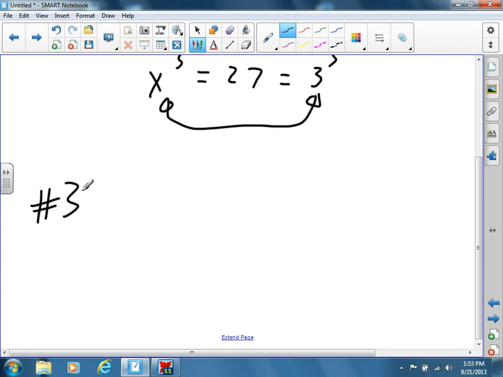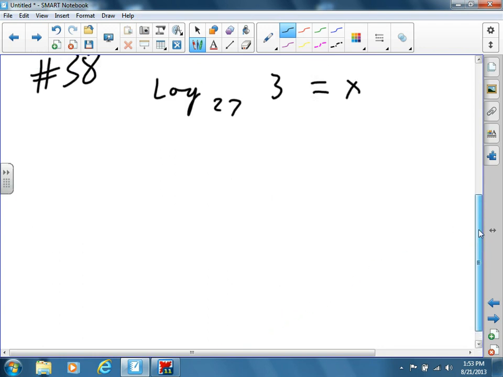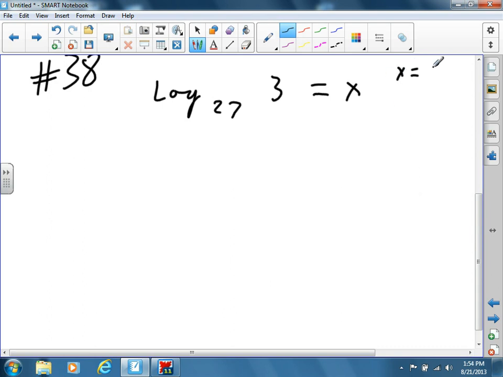Number 38. Log base 27 of 3 is x. I'm thinking maybe 1/3. X is equal to 1/3. That'd be my guess if I wasn't doing anything else.